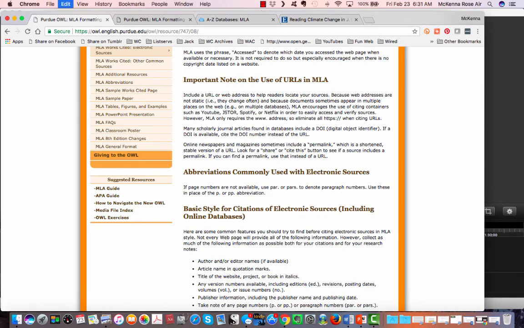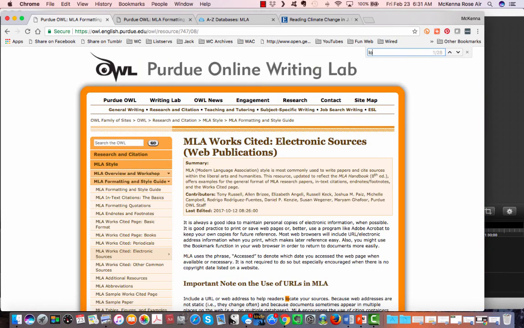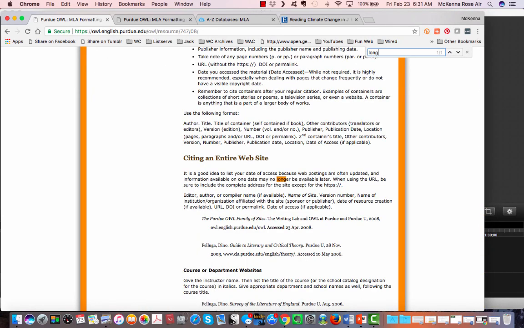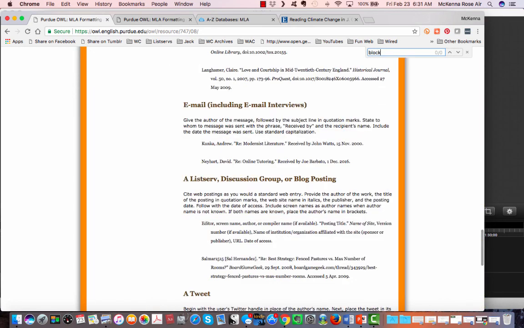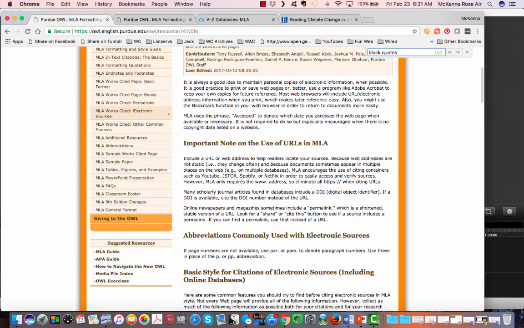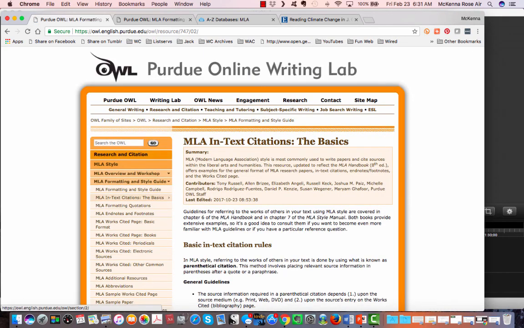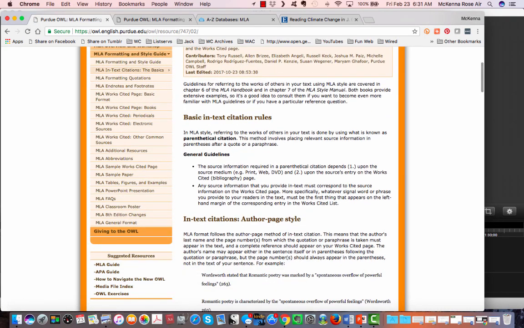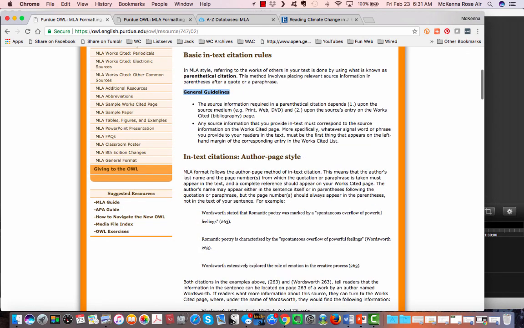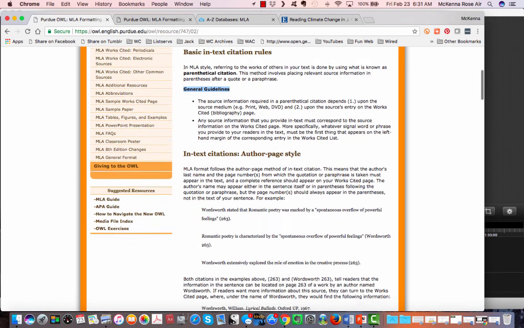So here are just the basic in-text citation rules, just the general guidelines, an in-text citation, author page style.